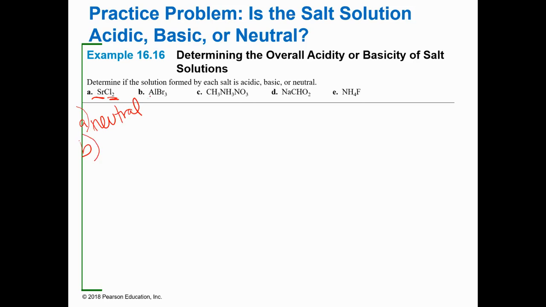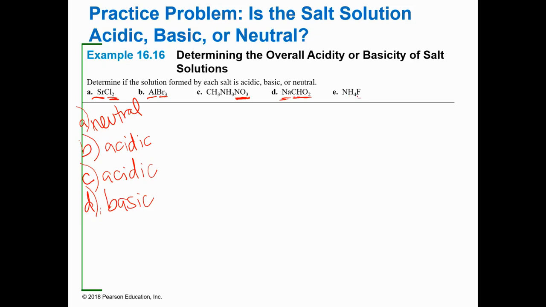I've got weak base, strong acid, this is acidic. For C here, this is a strong acid, and that big methylamine is a weak base, so this is acidic. We've got strong base, weak acid, so this is basic.